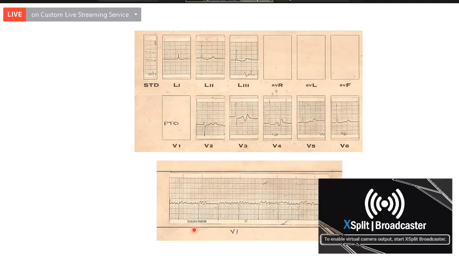And what is the V1 S wave? 15, sir. It will be more than 30. Yes, it's equal to or more than 35, maybe 36 or 37, indicating that the patient is having left ventricular hypertrophy, LVH by voltage criteria.